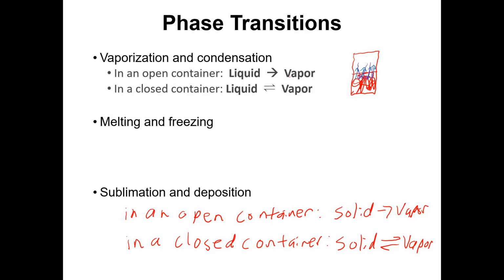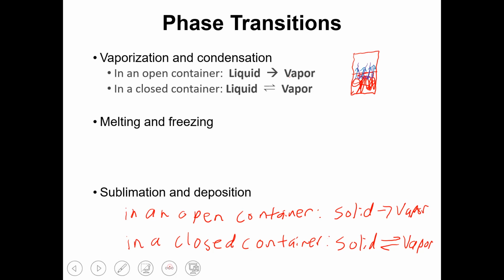Some of those solid particles right at the surface, at the interface between the solid and the vapor, get just enough energy to escape up into the vapor phase, but then as the vapor pressure increases, some of that vapor is forced to deposit back into the solid phase.